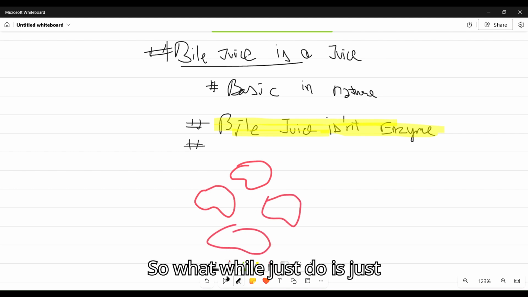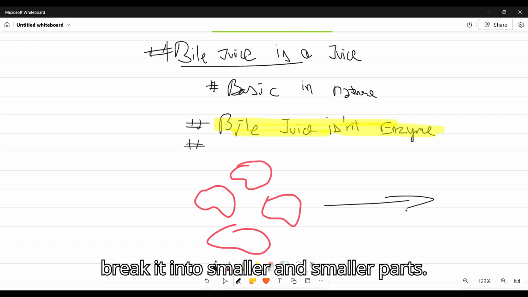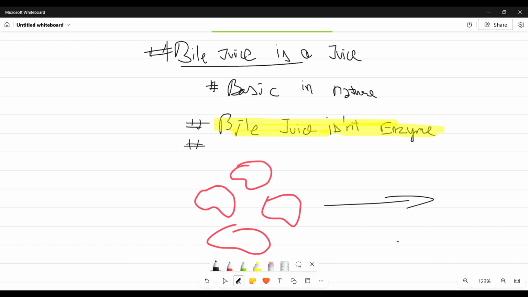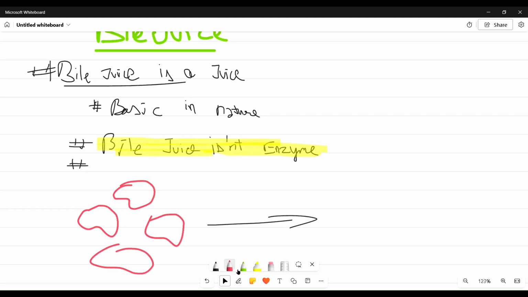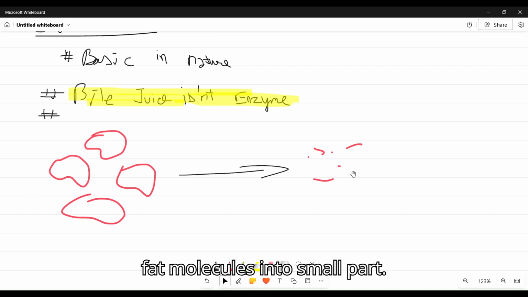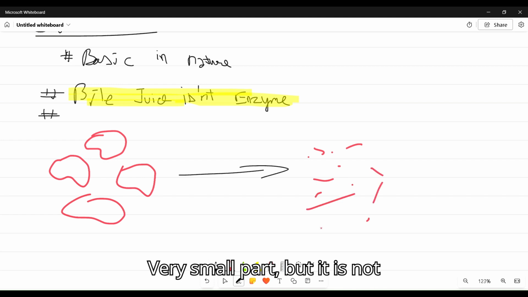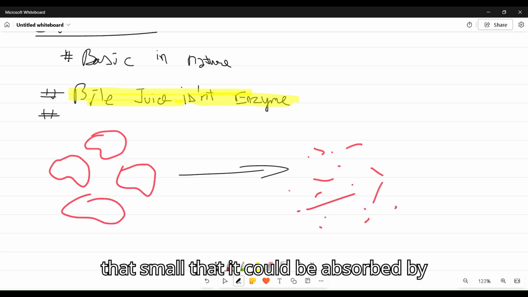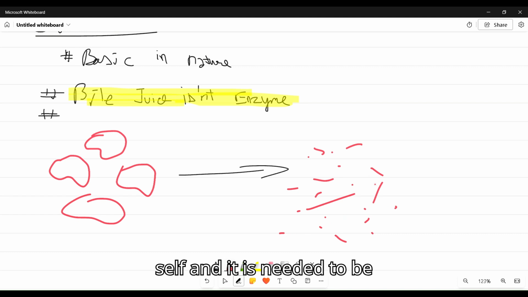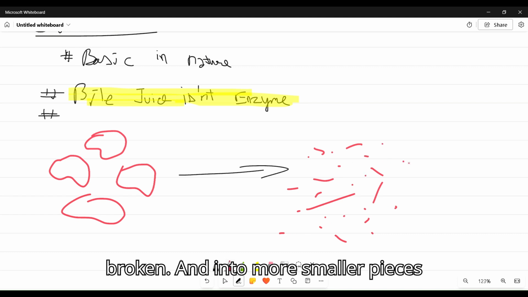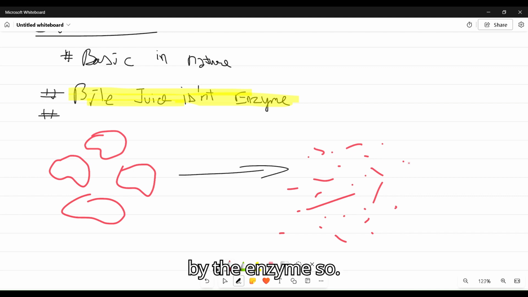So what bile just does is break them into smaller and smaller parts, very small parts. But it is not so small that it could be absorbed by cells, and it needs to be broken down into even smaller pieces by the enzymes.